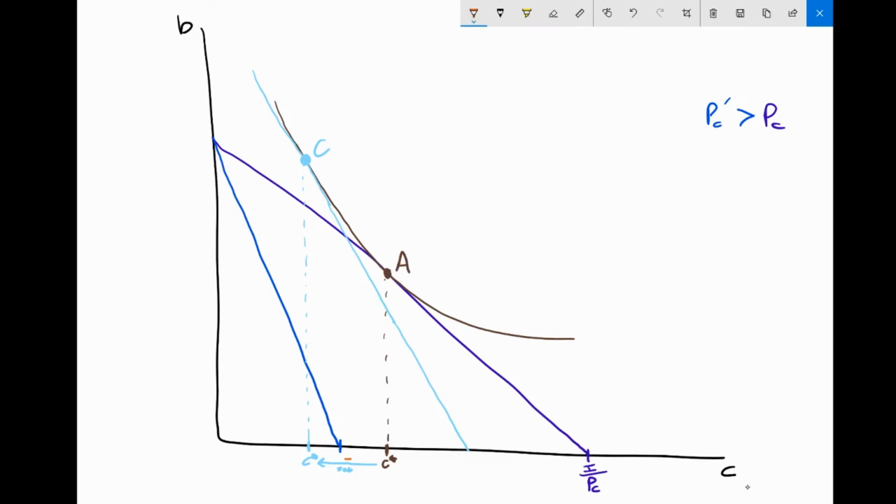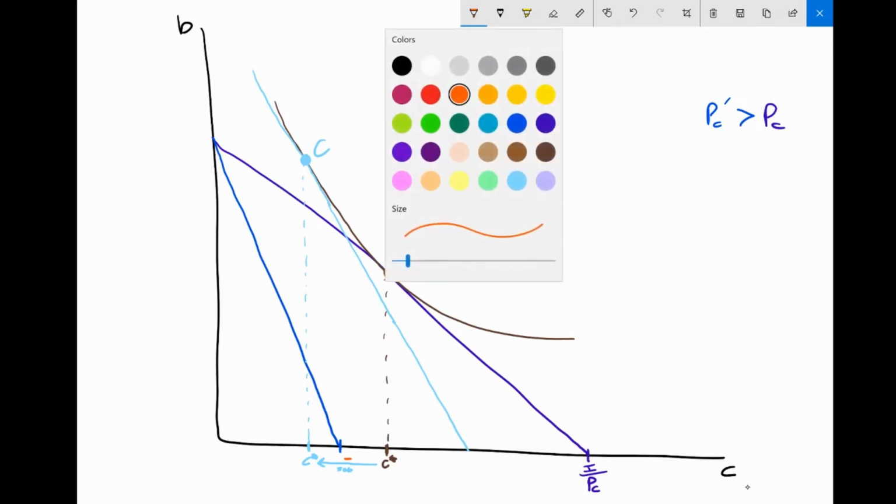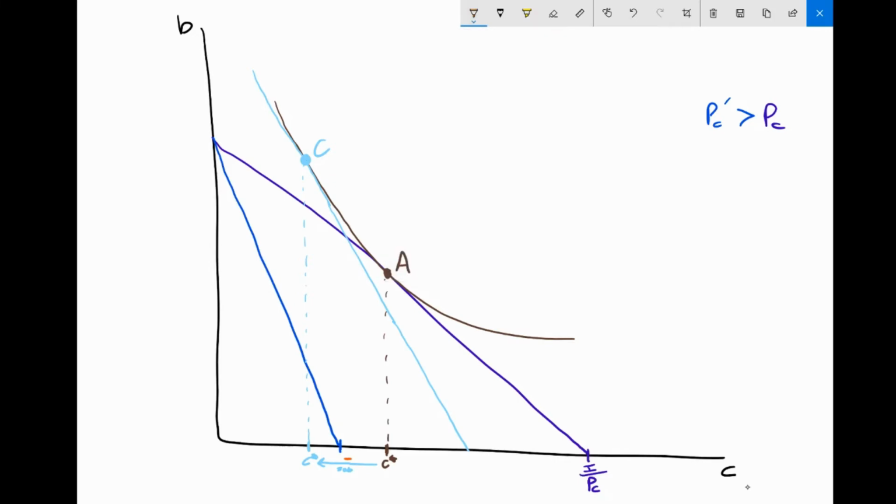Now the question is, what would it look like if the good was an inferior good? If the good is an inferior good, that means the income effect is actually positive, because when the price goes up, your effective income goes down.